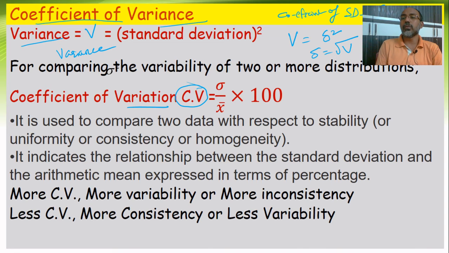So there is no percentage, no multiplying by 100 here, so we call it the coefficient of standard deviation. If you multiply by 100 and convert it into a percentage, then it is called the coefficient of variation, not variance, variation.